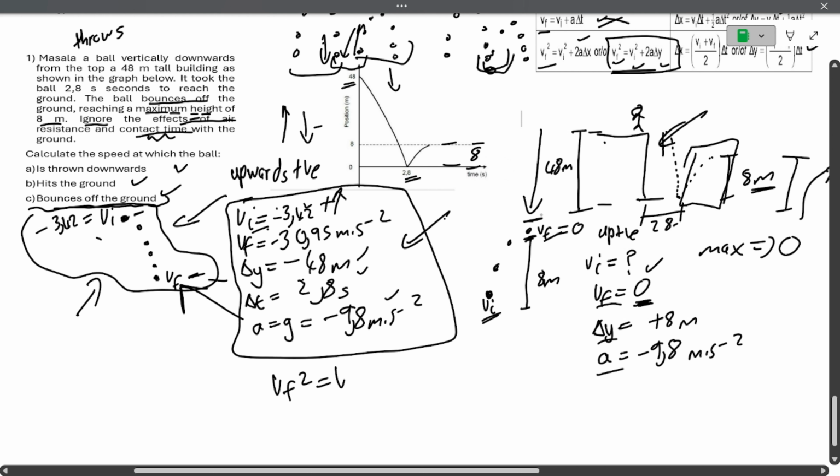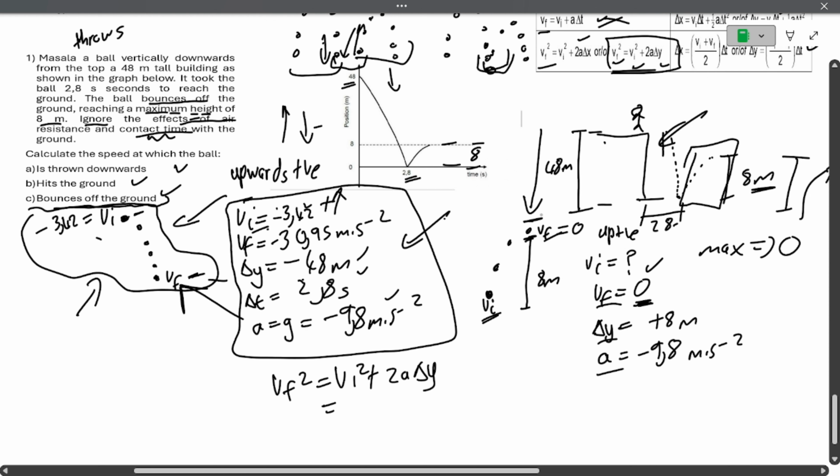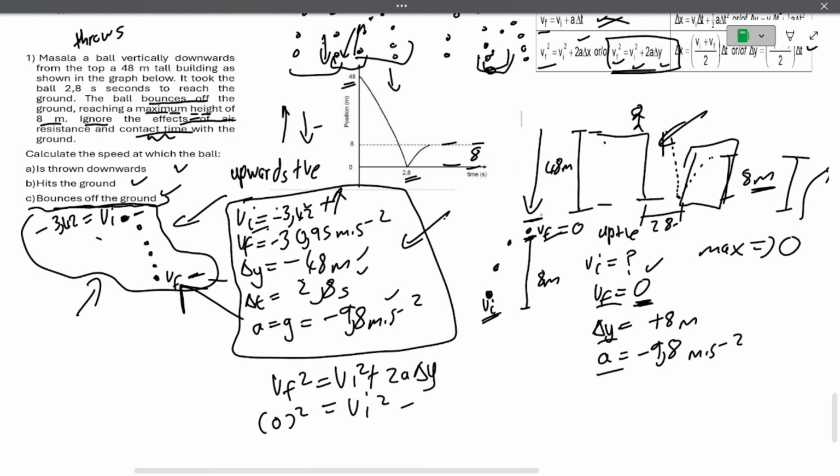Then you say V final squared equals V initial squared plus 2a change in y, and then you substitute everything. V final is 0, the one that we just found, V initial we are solving for, and then we put negative 9.8 and 8.